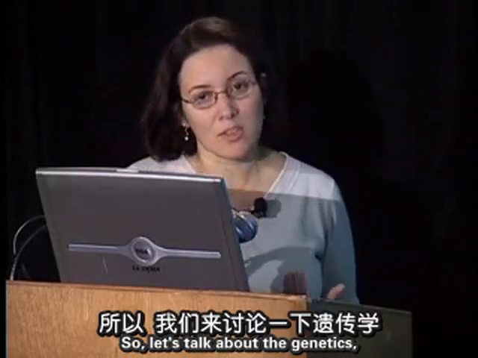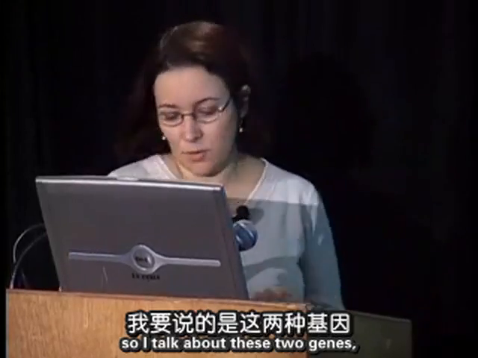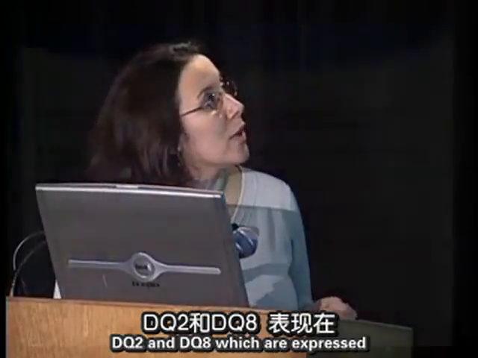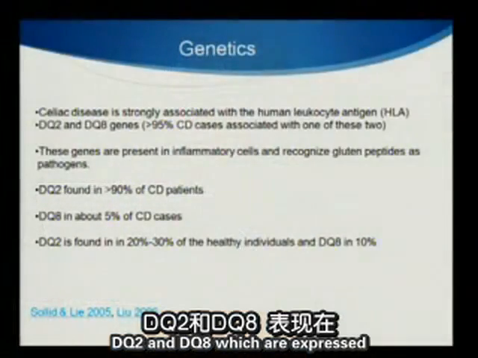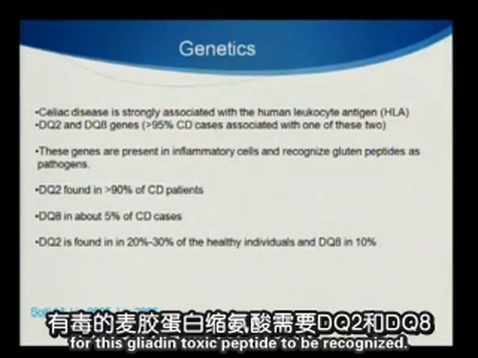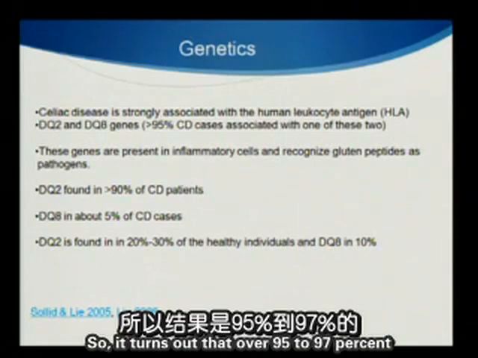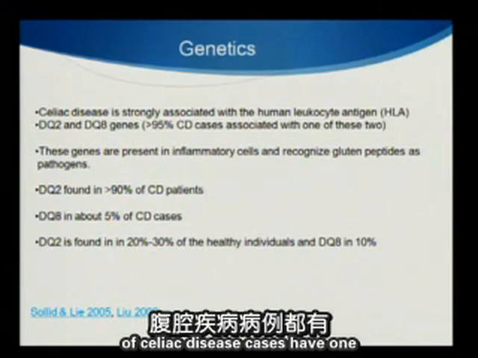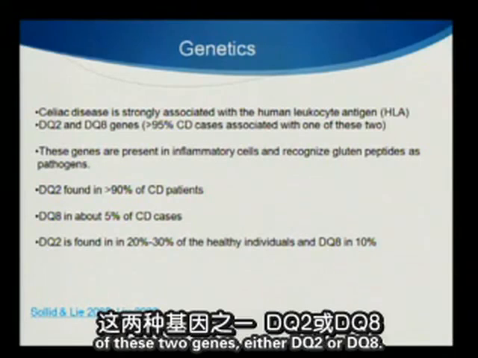So let's talk about the genetics. I talked about these 2 genes, DQ2 and DQ8, which are expressed in the inflammatory cells, and they're required for this toxic gliadin peptide to be recognized. So it turns out that over 95 to 97% of celiac disease cases have one of these two genes, either DQ2 or DQ8.